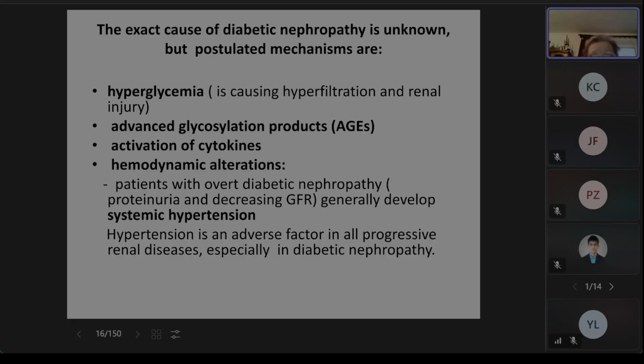This is one point, and the second is the development of general, means systemic, hypertension. Hypertension is an adverse factor which can make the progression of kidney injury faster.